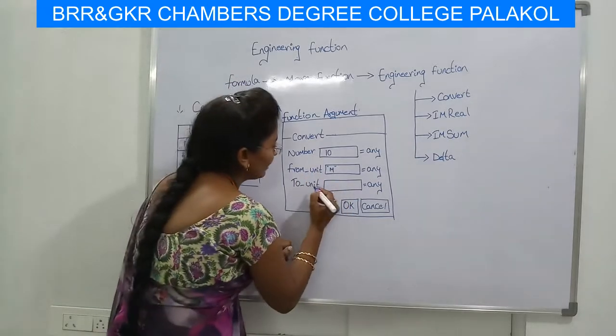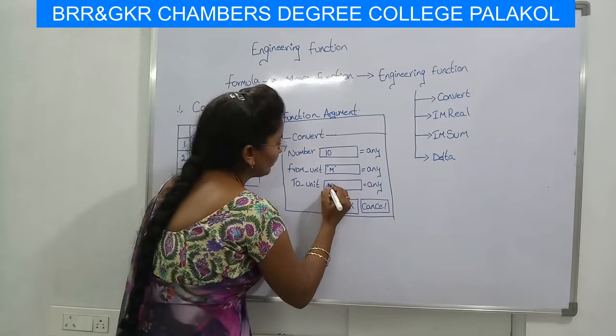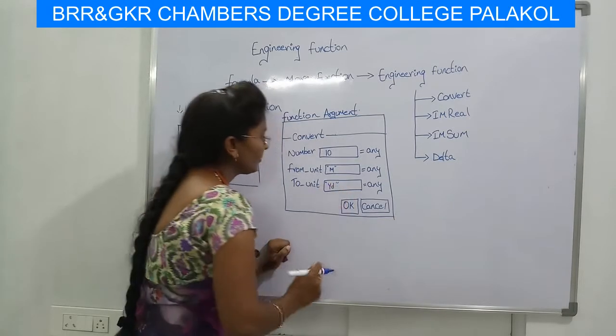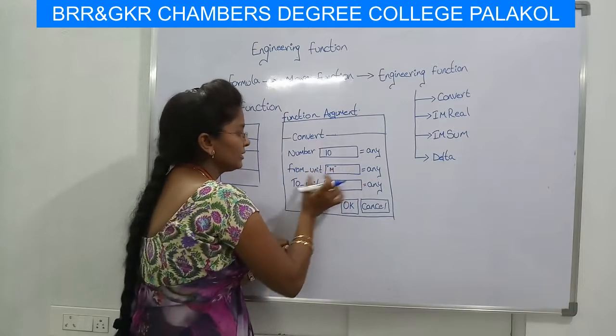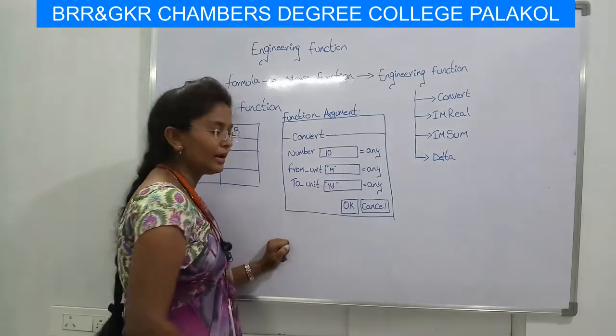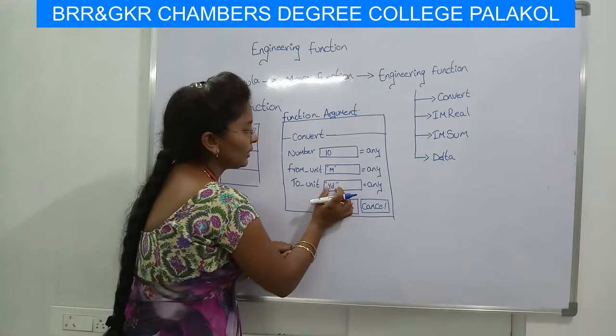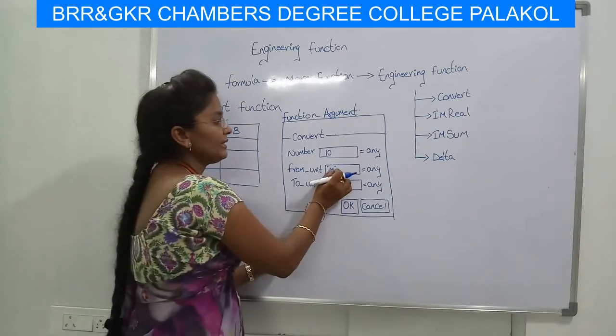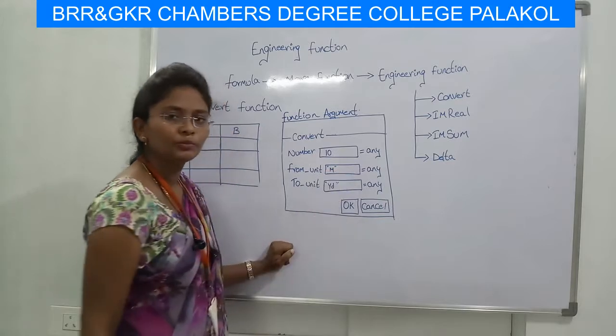That means from meters to yard. From meters and to is yard. Yard is displaying as a shortcut word YD and meter is displaying as M here.